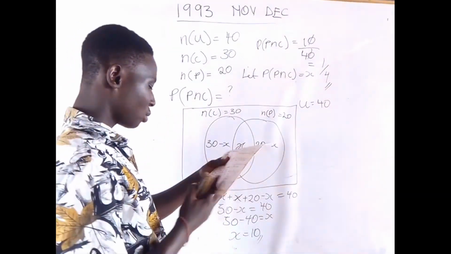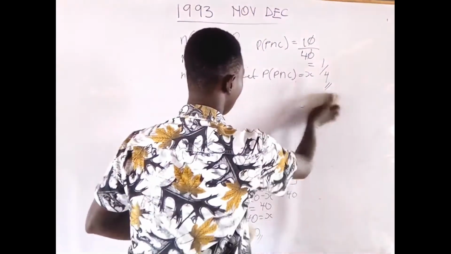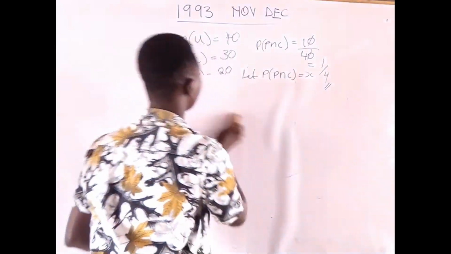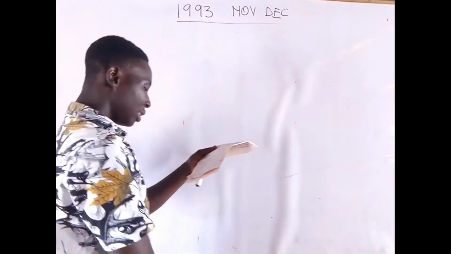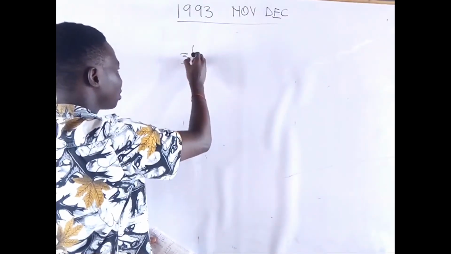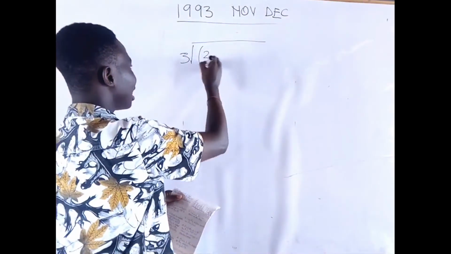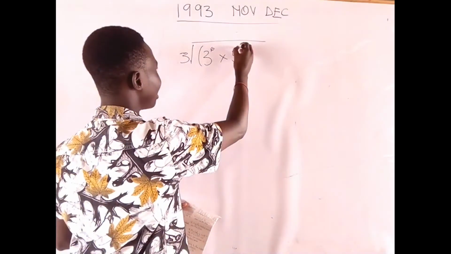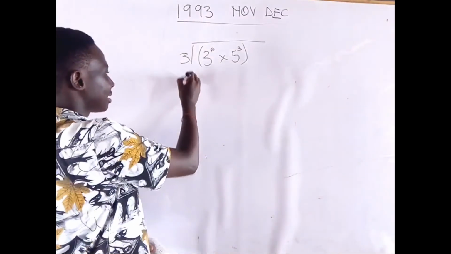Let's move on to question number 15. Evaluate the cube root of 3 exponent 6 times 5 exponent 3, leaving your answer in the prime factors.